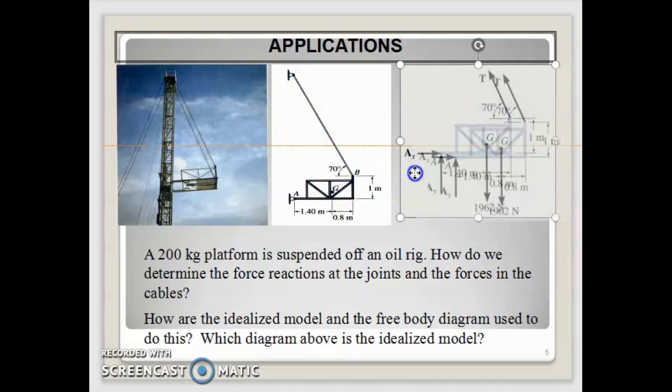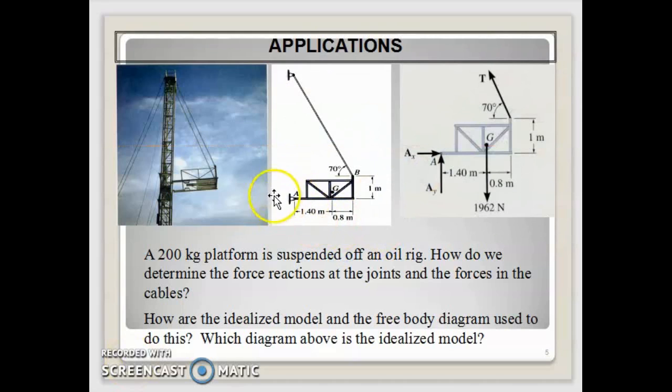For example, if we have a joint here, we are going to have a reaction force in the x and y direction, and if we have a joint attached to a spring like this, we are going to have a tension force in the spring. That's one example of how we interpret the force in a joint.